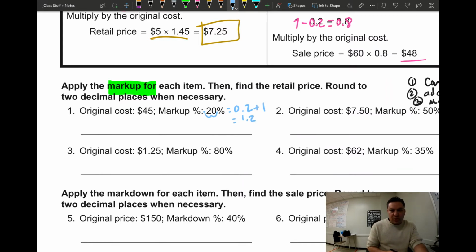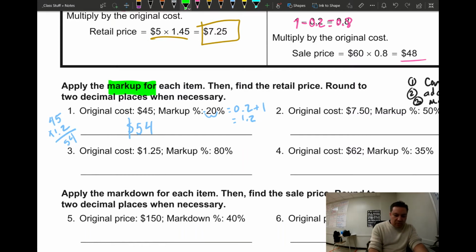That's my step 2. Step 3, multiply by the original. So 45 times 1.2, and I get $54. So my new price is going to be $54 even.